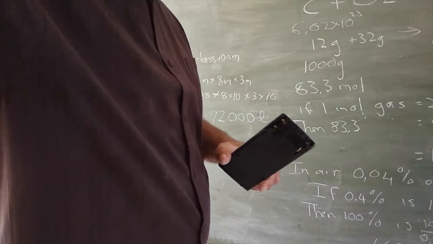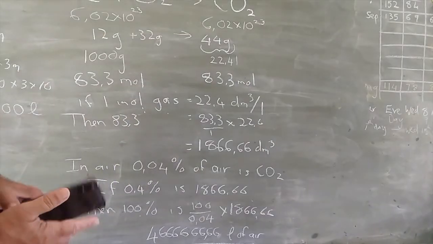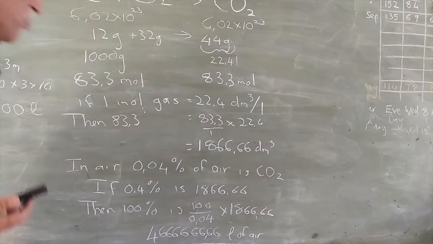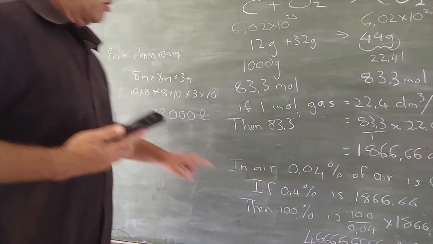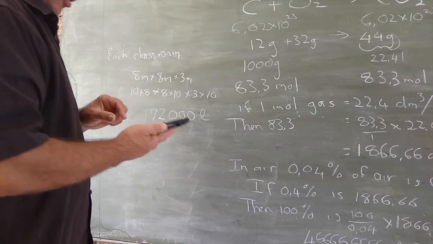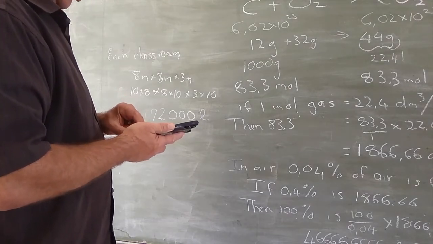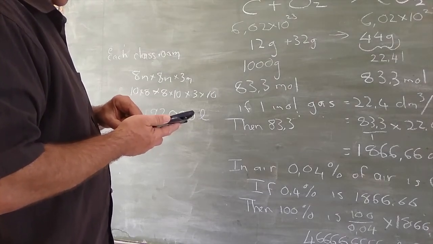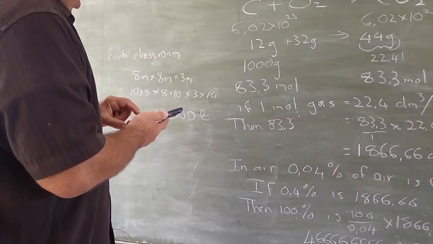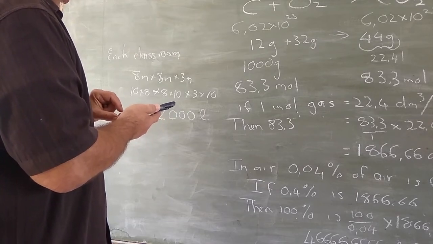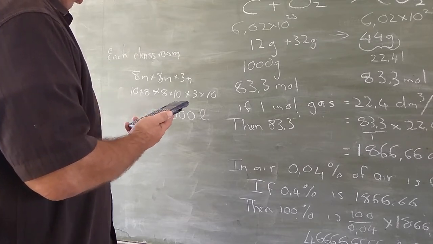So how many classrooms full of air does that represent? Well, why don't we divide that into that? So we're going to say 4666666 divided by 192,000 equals.